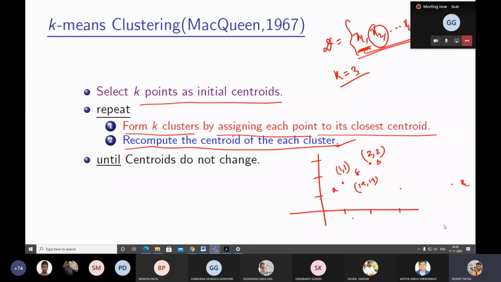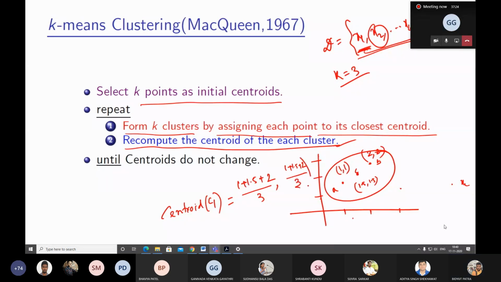So what will be the average? What will be the centroid if this becomes a cluster? How do we compute the centroid of this cluster? The centroid of this cluster, let's say C1, will be 1 plus 1.5 plus 2 divided by 3, and likewise for the second dimension.